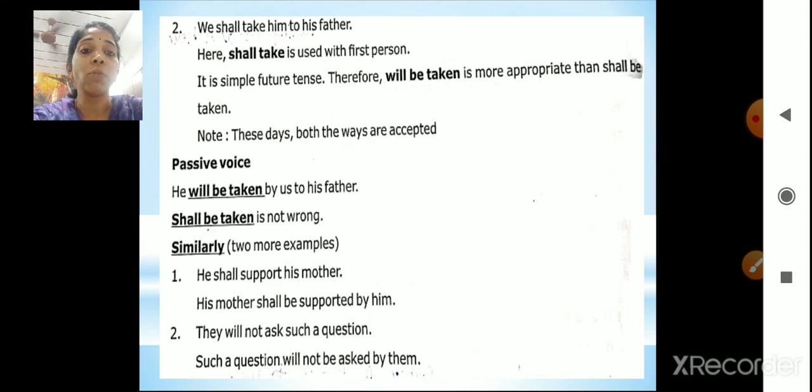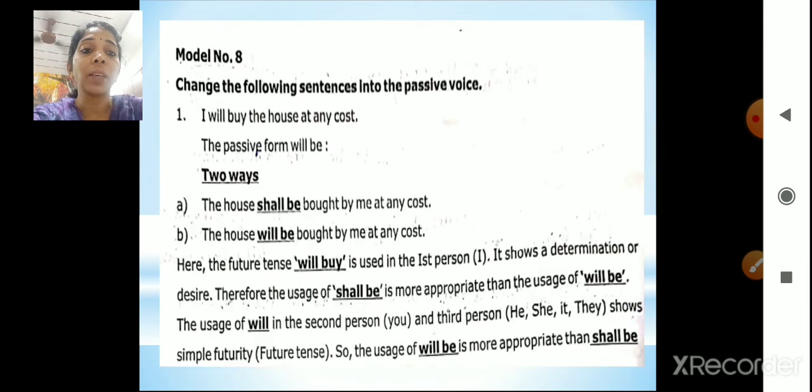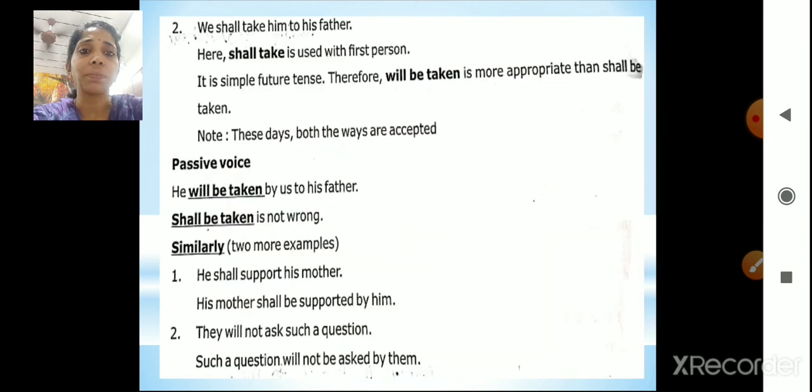Such a question will not be asked by them. You might have observed, since it is a third person, hence the usage of will be is more appropriate. Hence in the answer we have used will be. Whereas in case of first person, the usage of shall be is more appropriate. It's also said in some cases that these days both the ways are accepted.